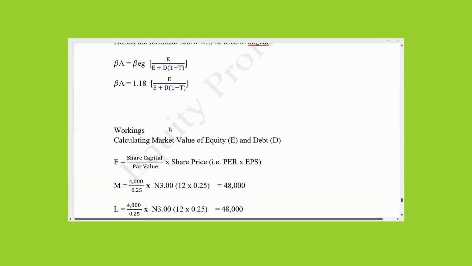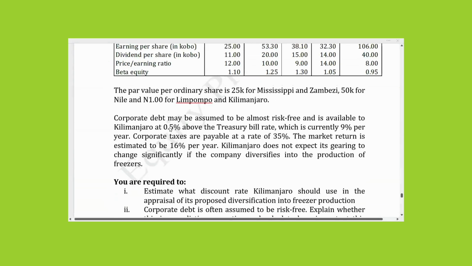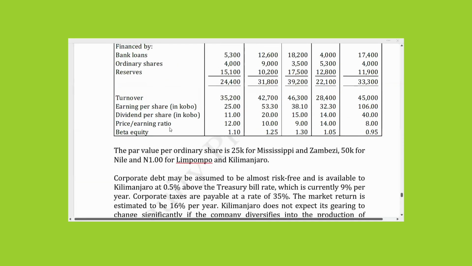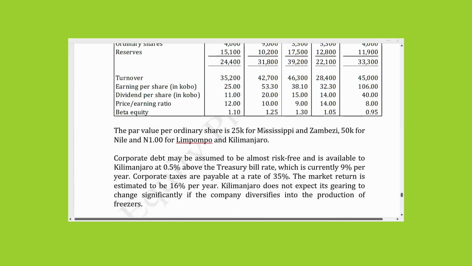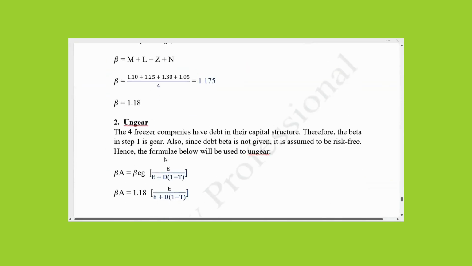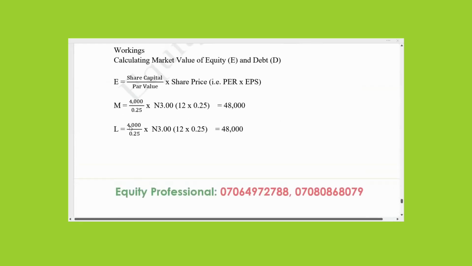So again, I will go to the financial statistics. Share capital of Limpopo is 9,000. The par value of Limpopo is 1 naira. So here will be 9,000 divided by 1 naira.